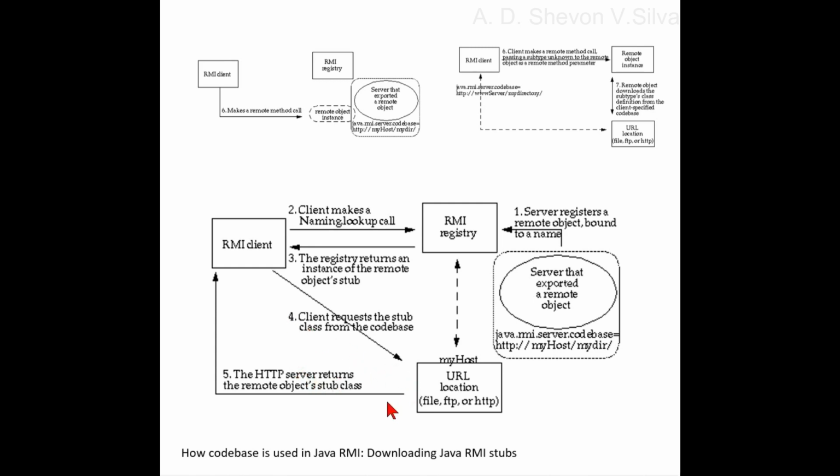Step 5: The class definition for the stub or any other classes it needs is downloaded to the client. Note that steps 4 and 5 are the same steps that the registry took to load the remote object class.